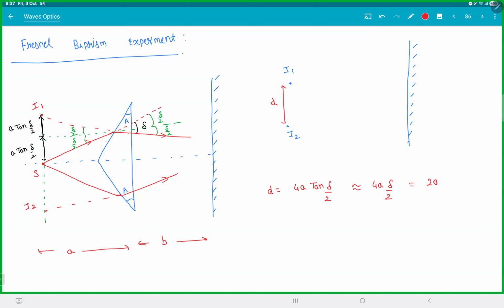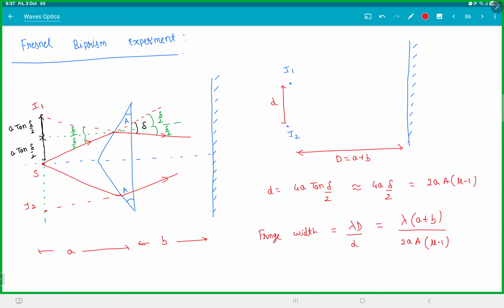Delta is nothing but A into mu minus 1. And this would be your capital D, which is nothing but a plus b. So from here we get fringe width. Basically you can measure the fringe width on the screen, and using that you can actually measure the refractive index of the prism. Fringe width is lambda capital D by small d, that will be lambda into (a plus b) by 2a into (mu minus 1).